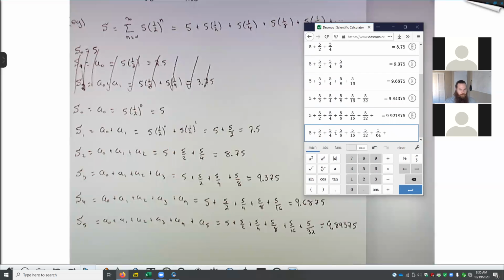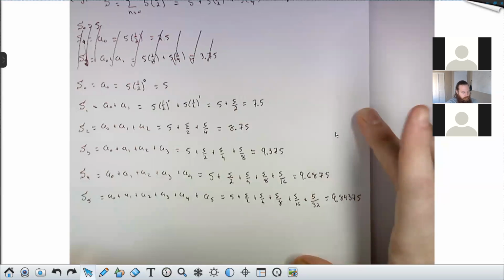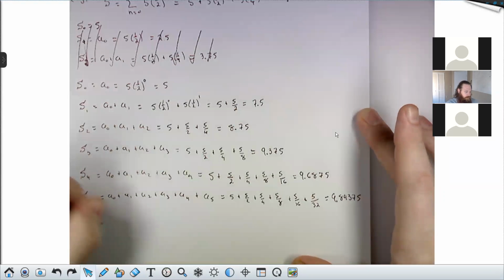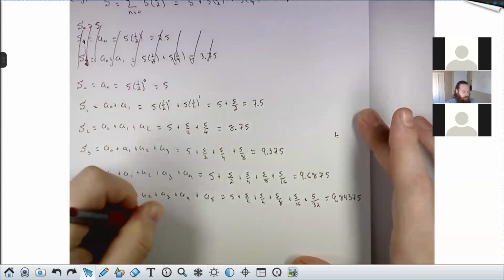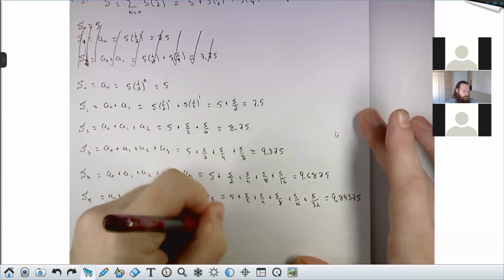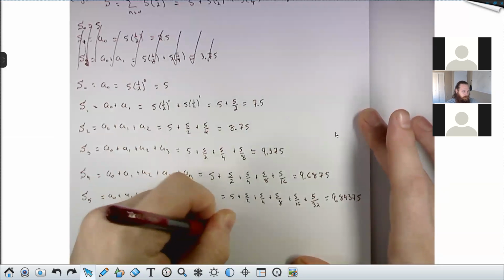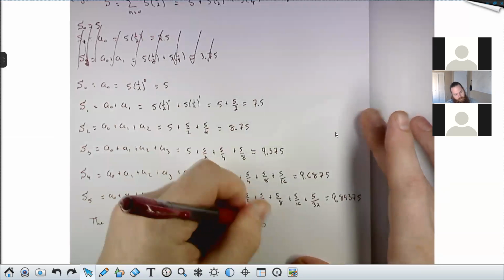The next partial sum would be 9.96. Here, the Sn appear to have limit as n goes to infinity of Sn equals 10.